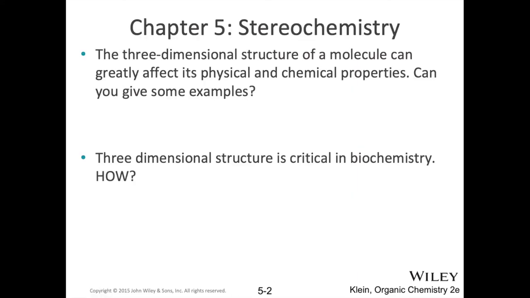These spatial arrangements can be pretty important in various chemical reactions. We especially see this in biochemistry. There are a lot of bioorganic molecules that have one version take part in a reaction differently than its stereoisomer.